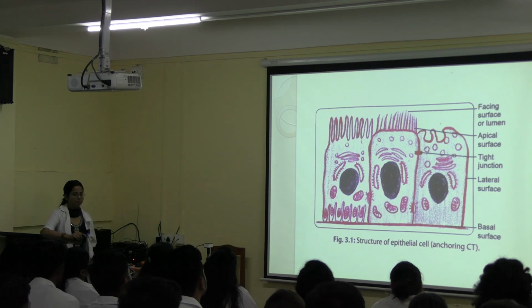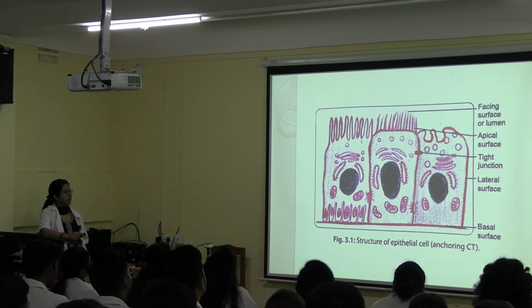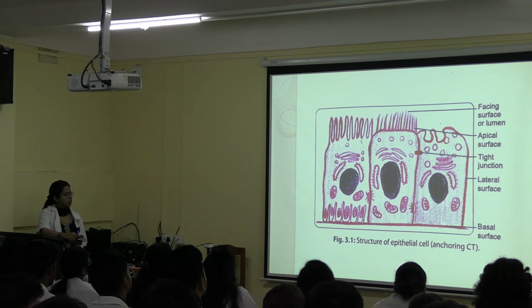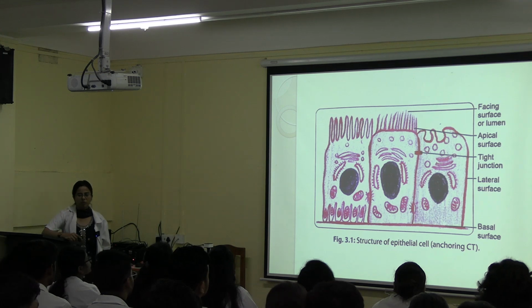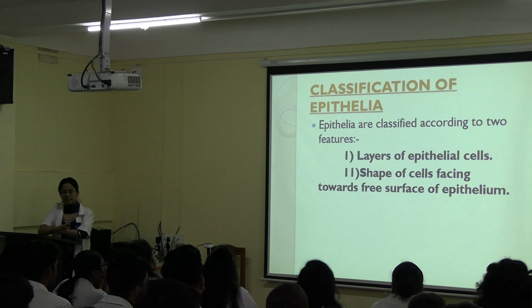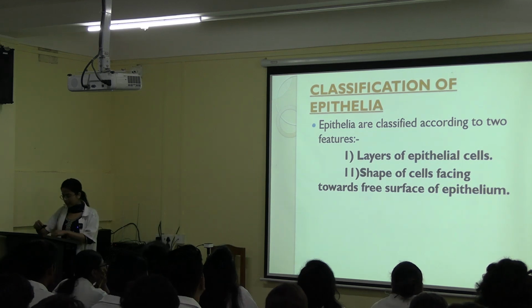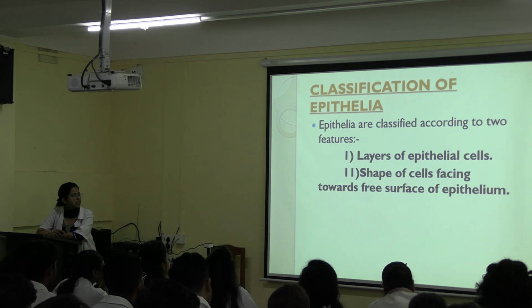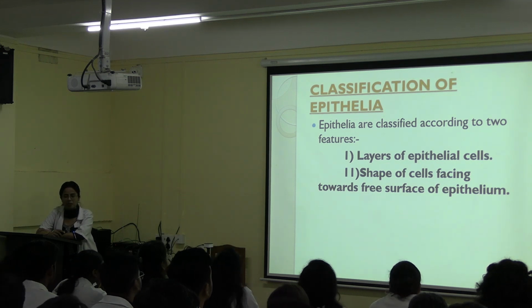Clear? So three surfaces: apical surface, which is facing the external environment; basal surface, which is lying over the basement membrane; and lateral surfaces through which it is connected with the subsequent epithelial cells. Now classification. Epithelium are classified into many types on the basis of the layers of epithelial cells and shape of cell facing the surface of epithelium.